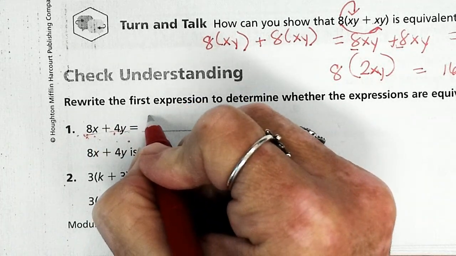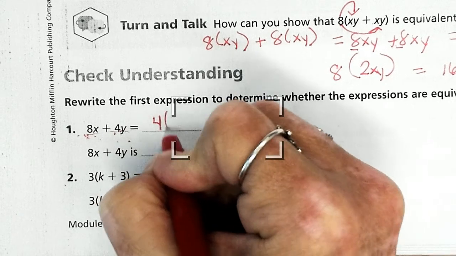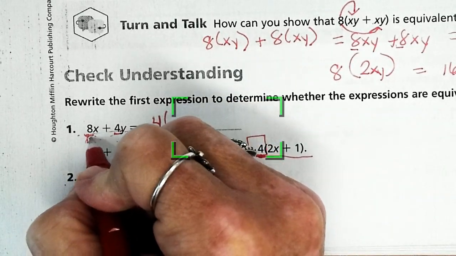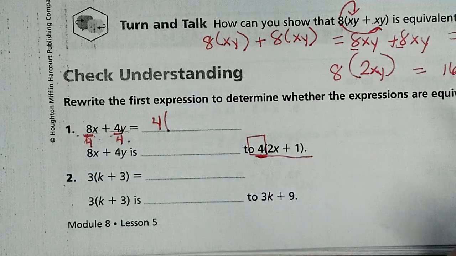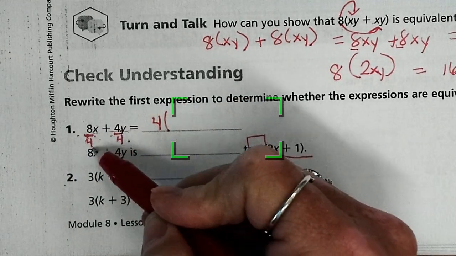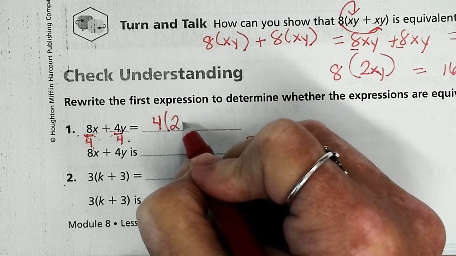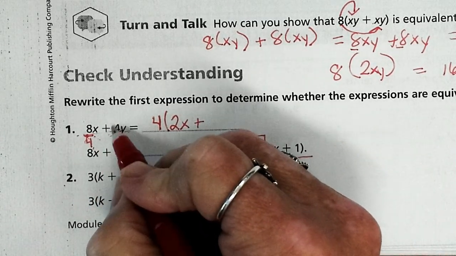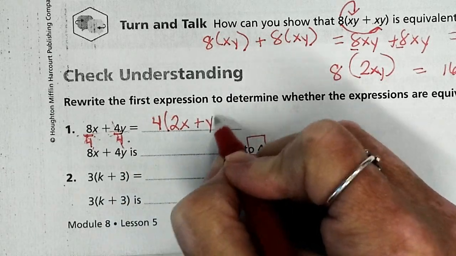So basically, when you're factoring something, you're really just dividing. 8 divided by 4 is 2, so that leaves me with 2x, and 4 divided by 4 leaves me with y.